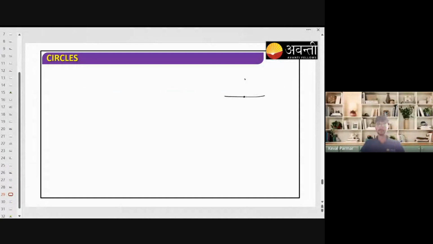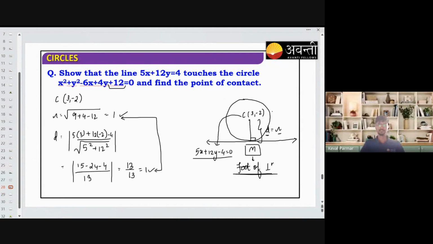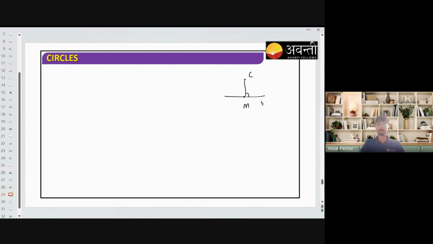So I'll simplify the diagram. This is C, this is M. The equation of line is 5x plus 12y minus 4 equals to 0. And what is the center? 3 comma minus 2. I hope you remember it. What was the formula? The coordinates of M are x comma y, and this is x1 comma y1.